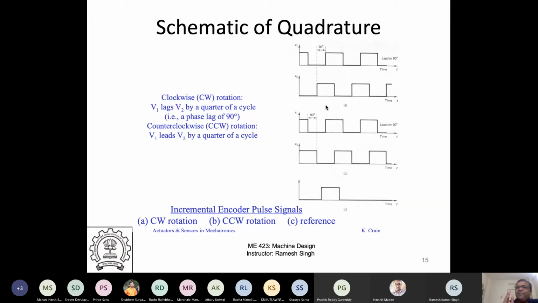But if you just keep one more thing at 90-degree lag or lead, then what you can do is you can get states where the first one would be this plus this, so you get one signal and then again you'll go to 0. Then again you will go to the next state, right?